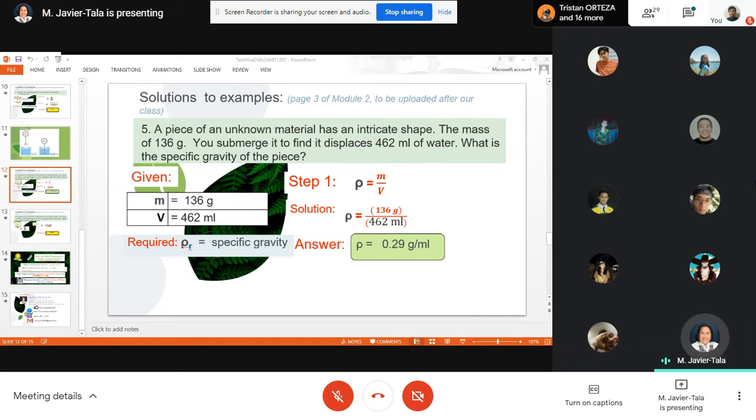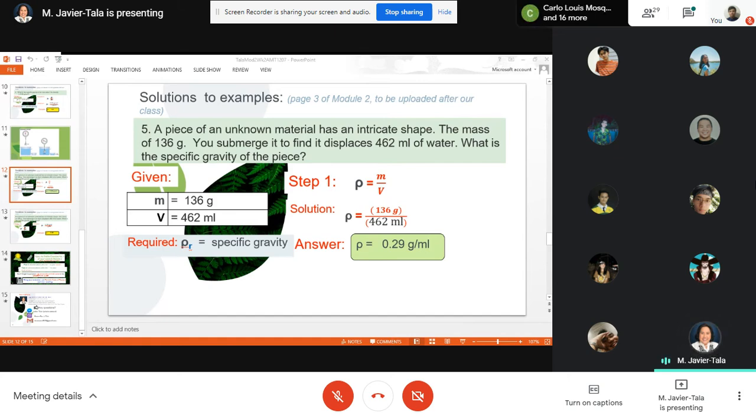So we will arrive at the density of your unknown material. Tama siya doon. Then the next that we will do, we will solve for the specific gravity. Since we know that your specific gravity or relative density is the ratio between the density of your substance and the density of water, you just divide it. Please look at the unit.